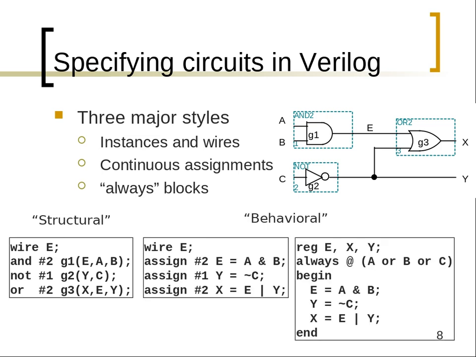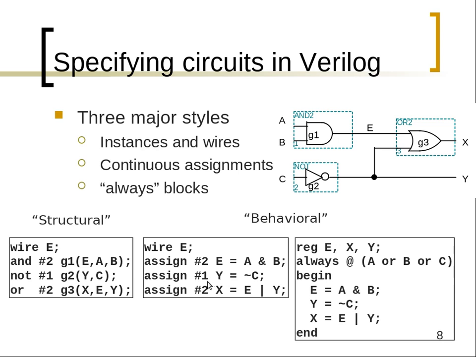The next one they call behavioral, but the one over here is called data flow. Notice it's an assign. We're assigning E to be A and B. Hey, look, it looks like C. A lot of you may want to write it in data flow, but stick to structural for now. One, because that's what I'm going to grade you on, and two, this is too much of a crutch right now.